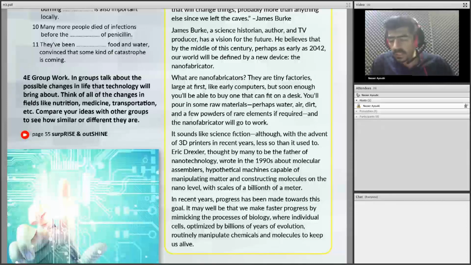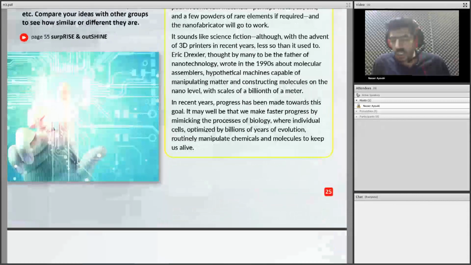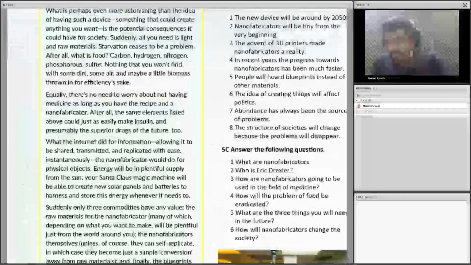So it means that the individual cells that have been improved for more efficiency by billions of years of evolution, through billions of years, these individual cells have been the subject of gradual changes and improvements and development, routinely manipulate, very regularly control the chemicals and molecules to keep us alive.